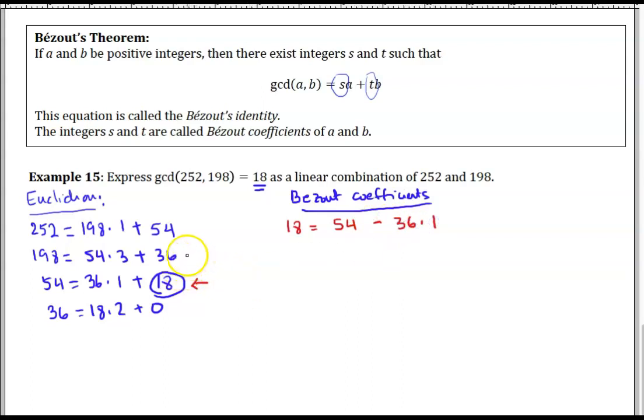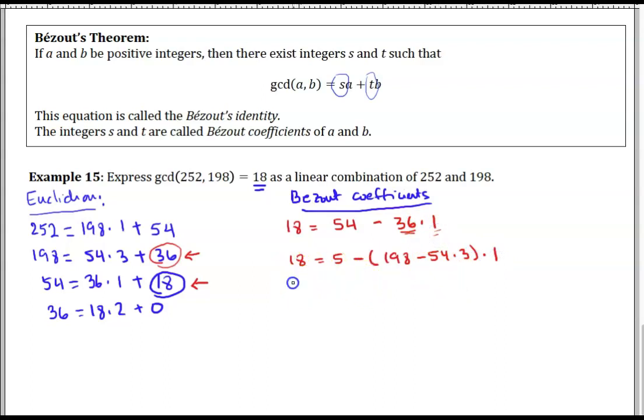And then we're going to go to this equation right here and solve for 36 and plug it into here, right? So we have 18 is 54 minus 36, which is 198 minus 54 times 3, times 1, this one right here.